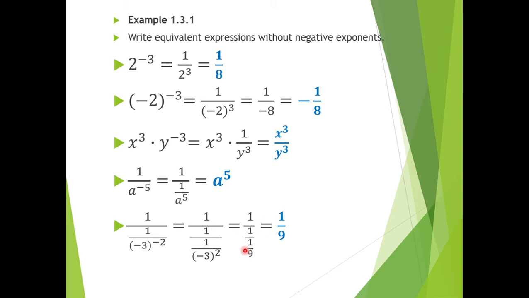So, 1 all over 1 over 9, which pag inayos natin, magiging 1 over 9. Nagkakaintindihan tayo? Kasi negative 3 times negative 3 is positive 9, kaya naging 1 over 9 siya.